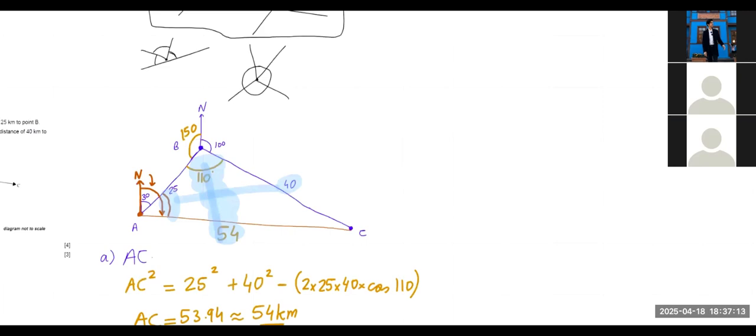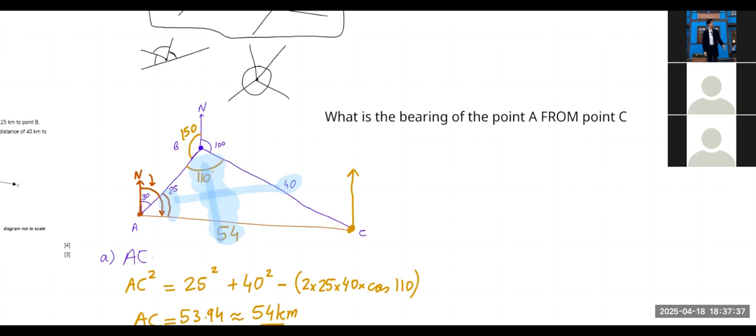Sometimes they say, for instance in this question, what is the bearing of the point A from point C? What does that mean? This means that if you were standing at point C, because it says from point C, what bearing would you need to turn to look at point A?